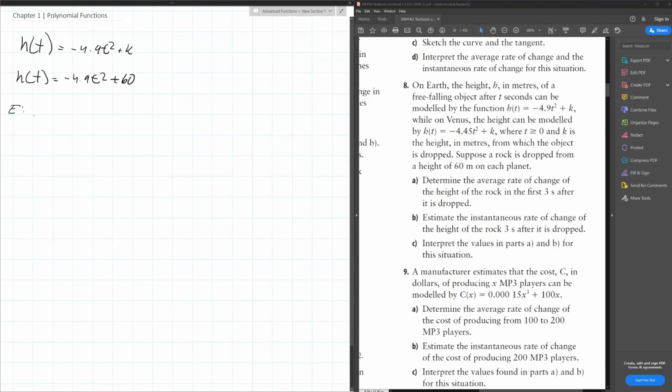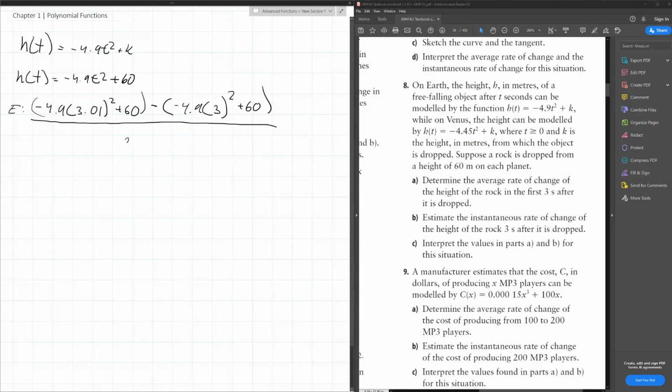We would use, first of all, the value of 3, and then add a very tiny interval to it, for example 0.01, and then square it, plus 60. This is our y2 value. Then we subtract our y1 value, negative 4.9 times the t value squared plus 60, all over t2 minus t1.